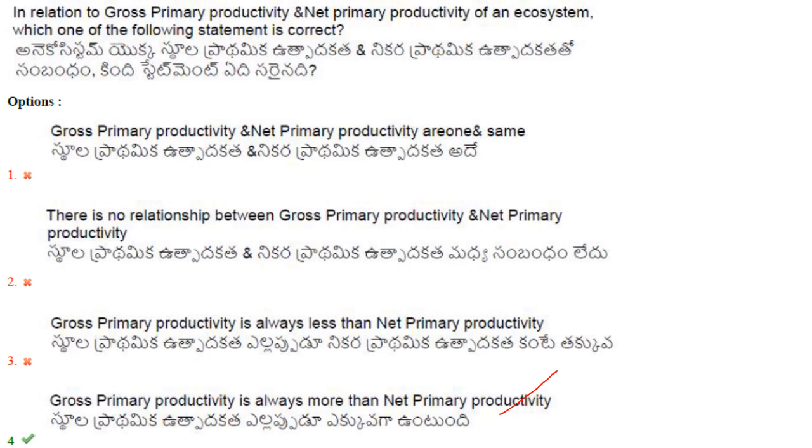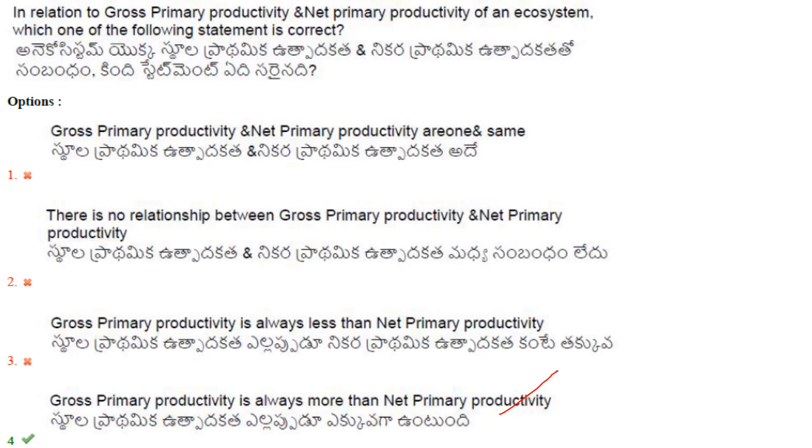So saying gross primary productivity and net primary productivity are one and the same is wrong. Then there is no relationship between gross primary productivity and net primary productivity. There is a relationship, and productivity is gross primary productivity minus respiratory loss. So 2 is also not correct.